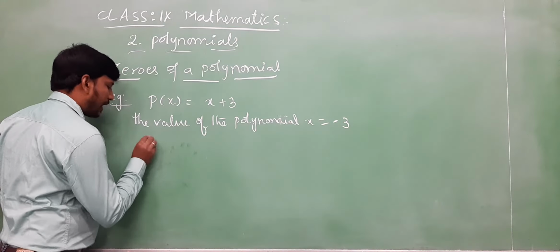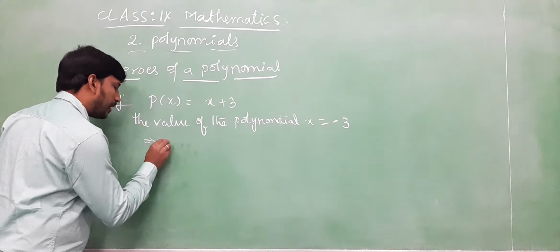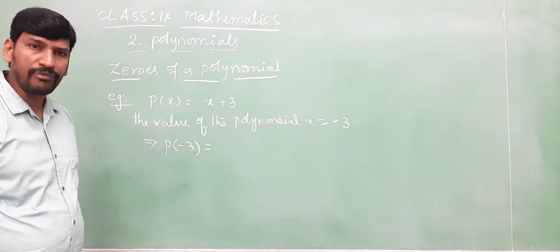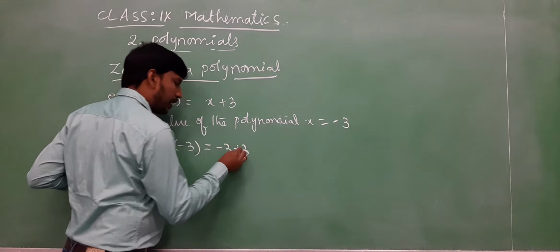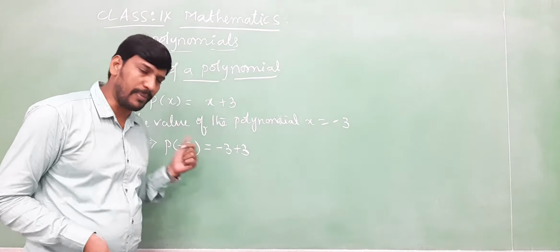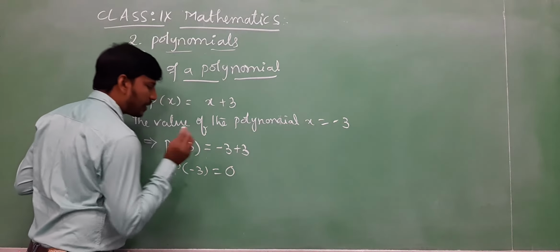So in the place of x, I am replacing minus 3. So P of minus 3 is equal to minus 3 plus 3. Both are the same values with different sign, so the answer will become 0. So P of minus 3 is equal to 0.